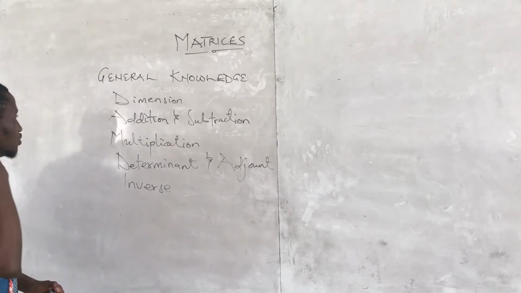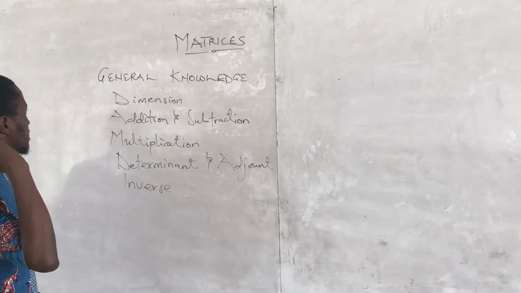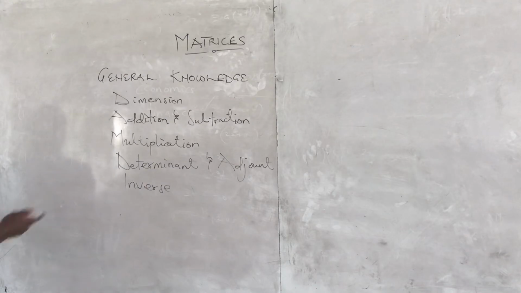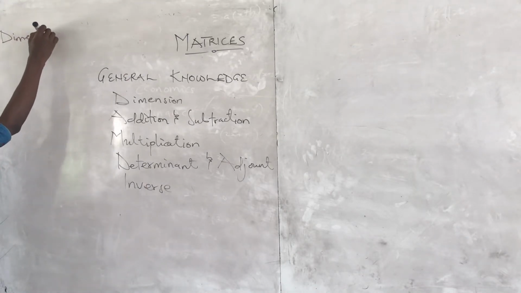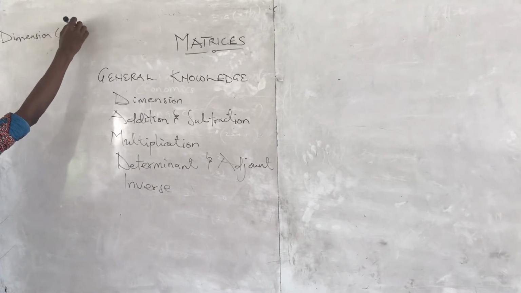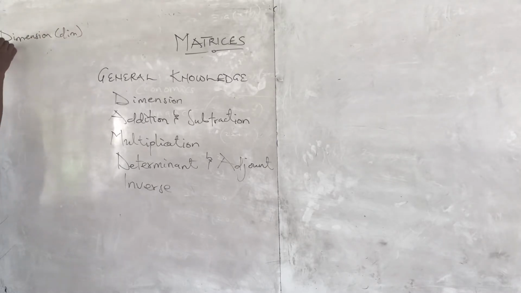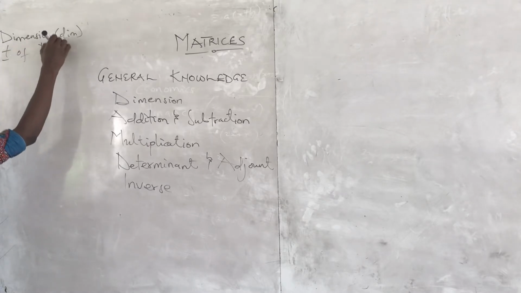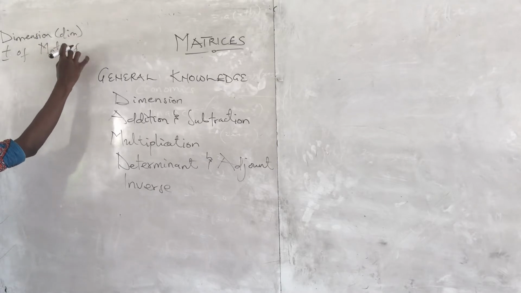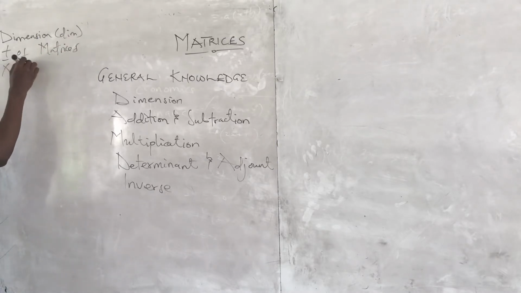So we take it one by one. So let me write the things. So dimension, then addition and subtraction of matrices. We look at multiplication of matrices.